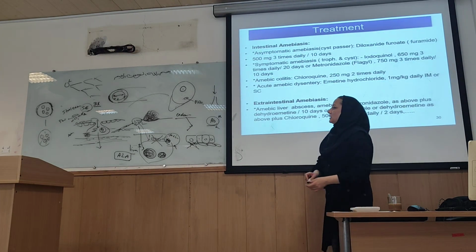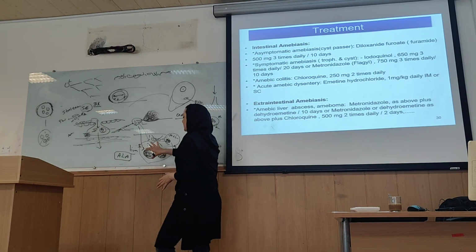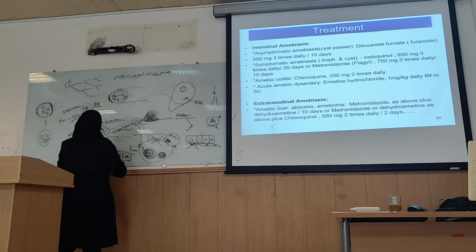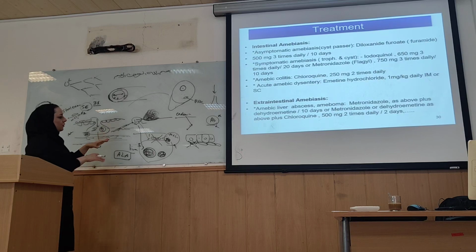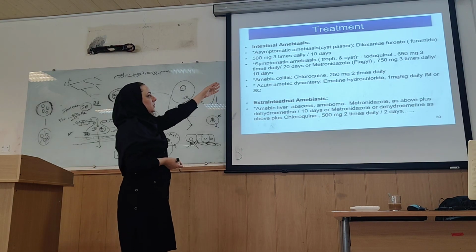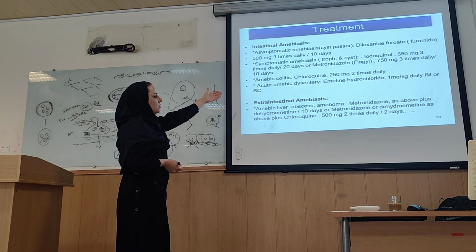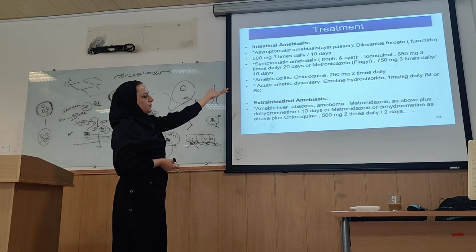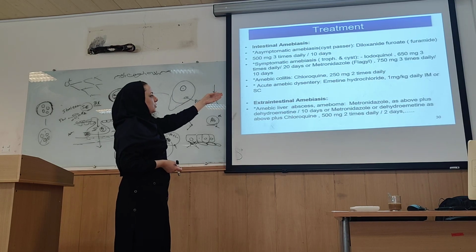About the treatment, we have different treatments for intestinal and extraintestinal. Some of them, for example, metronidazole, and some of them are for both. For example, in asymptomatic or in cyst passers, or in the symptomatic also, we have different treatments: diloxanide furoate, iodoquinol, metronidazole.